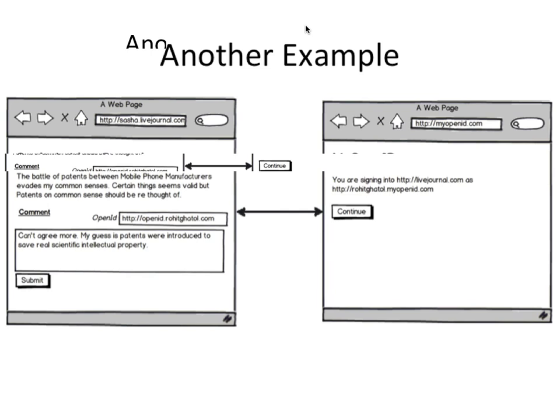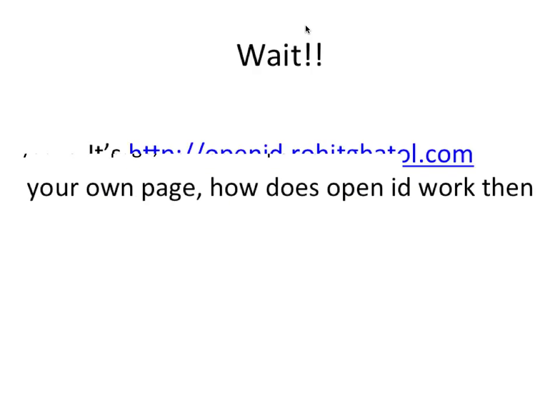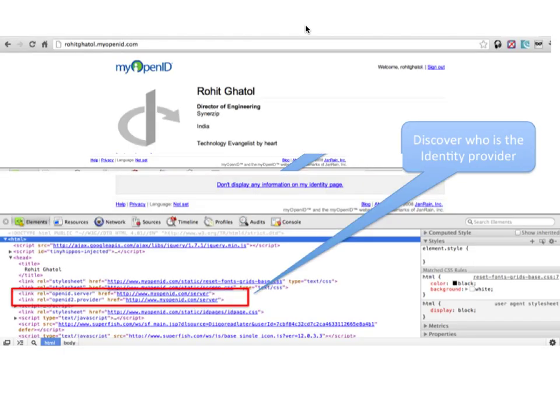So let's see what happens behind the scenes. When I say rohit.rohit@myopenid.com, or openid.rohitghatol.com, whatever, in my header, I'll zoom this in so you can see.